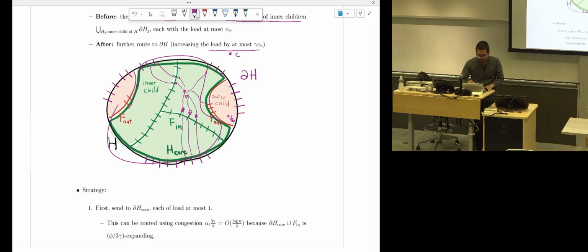But F in and the battery of the core, we've seen before that they are expanding. So I can route to the battery of the core with this congestion, just because the battery of the core and F in are expanding.